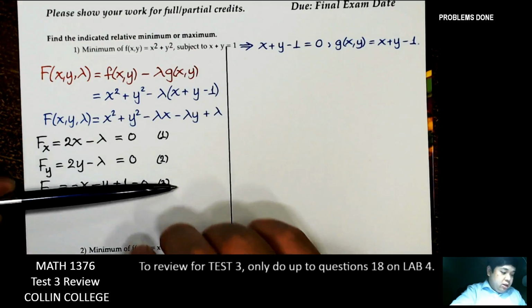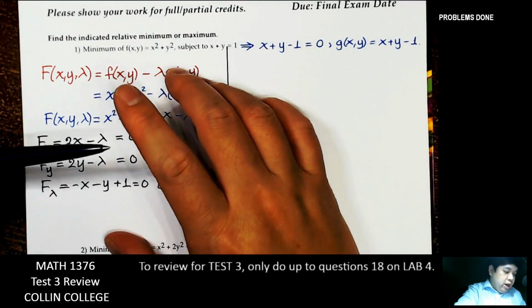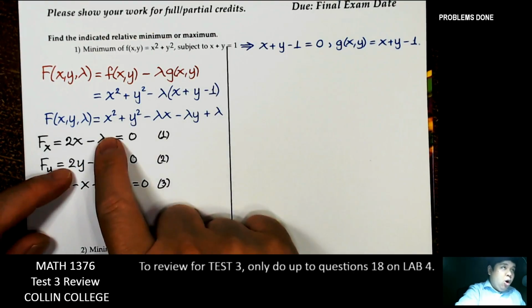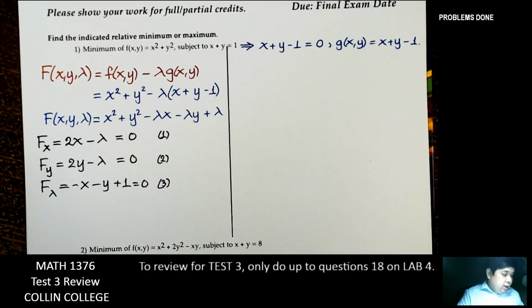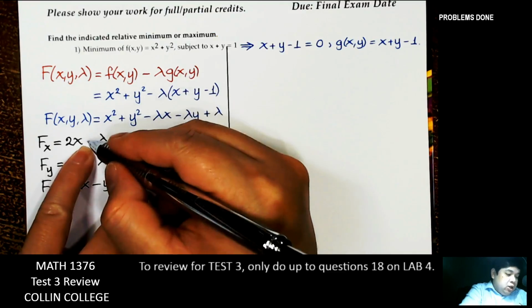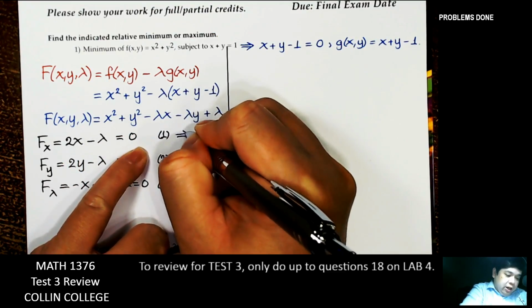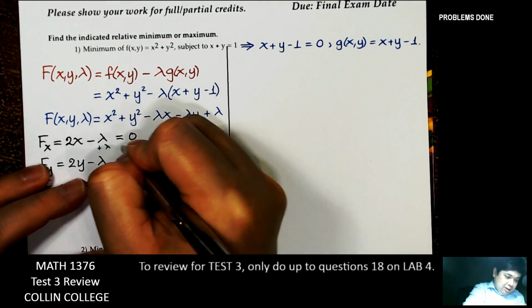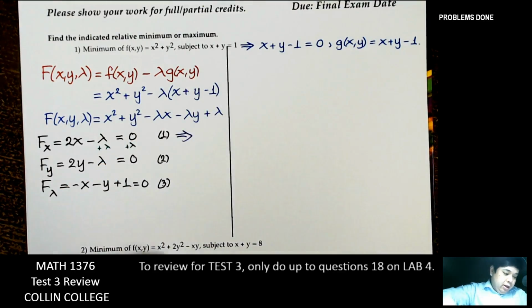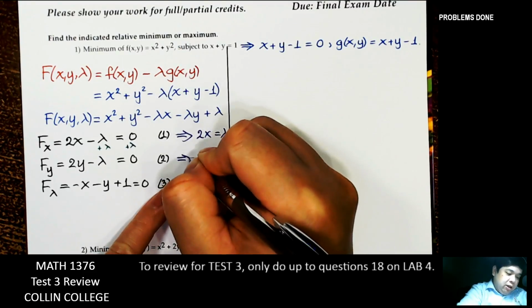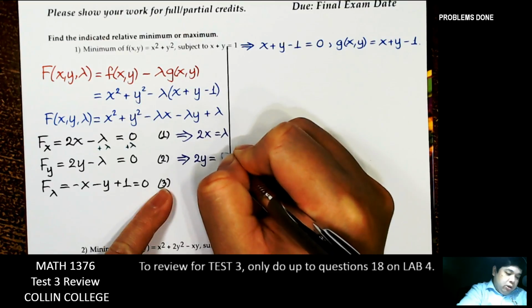Substitution, elimination. For the first two equations, we can just substitute. We solve for y and then substitute or eliminate y. In class, I did elimination, so here I use substitution. Since 2x minus lambda equal to 0, if we add lambda on both sides, we have 2x equal to lambda, and here same thing, 2y equal to lambda.